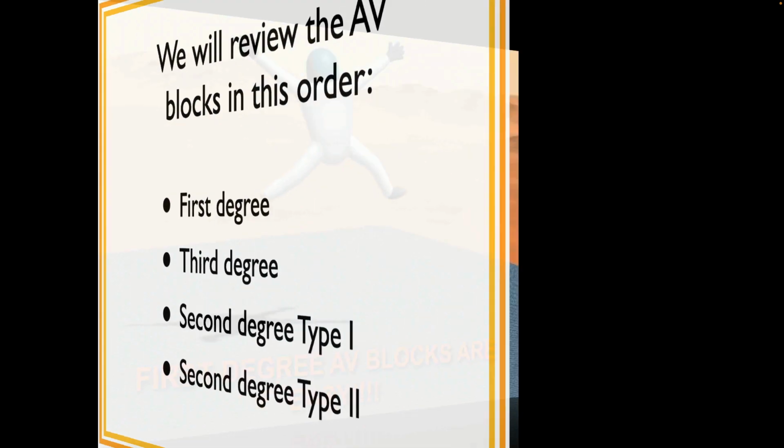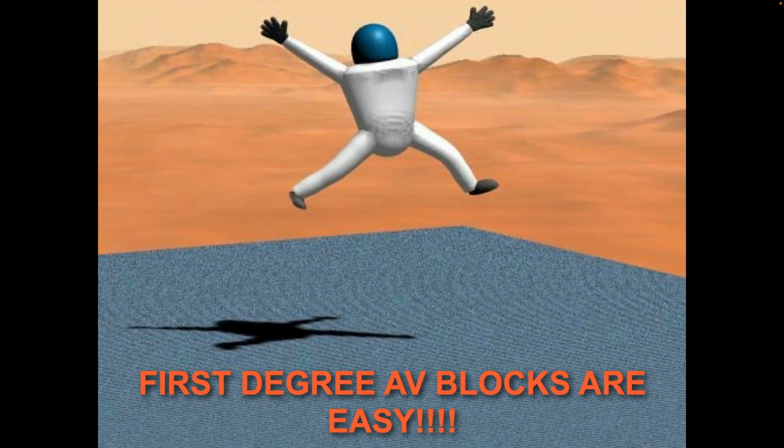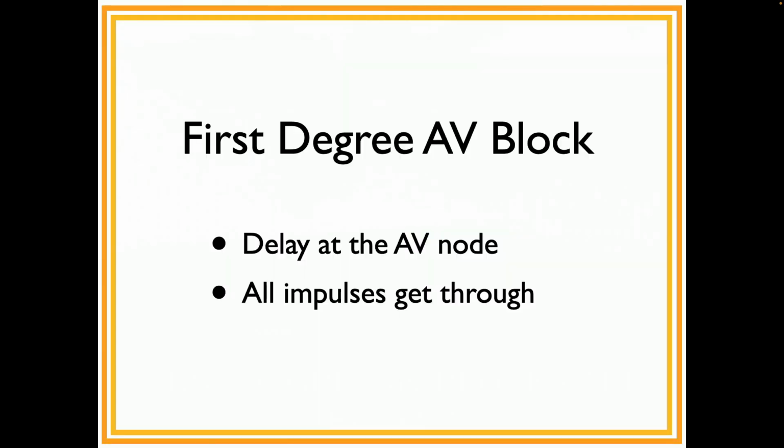Now, first degree blocks are truly easy, okay? If you have a sinus rhythm with a first degree AV block, it looks just like a sinus rhythm, except that the PR interval is wider than 5 small boxes. Looking at the ECG strip, that's the only difference from a normal sinus or sinus brady or sinus tach.